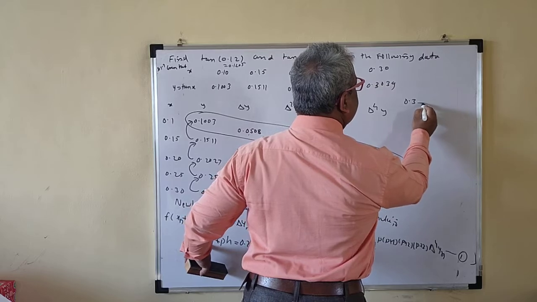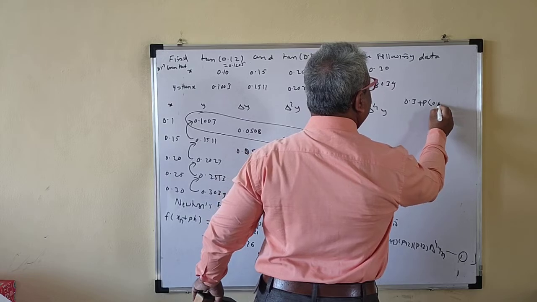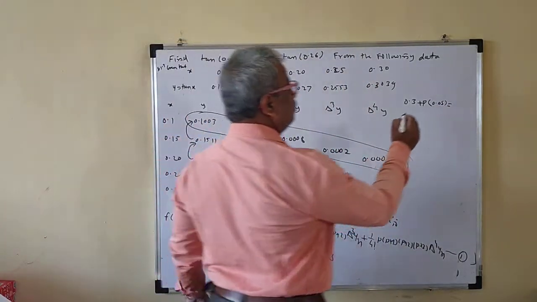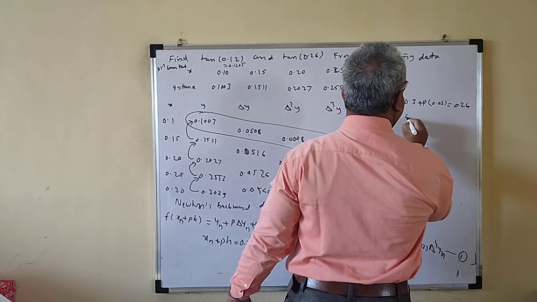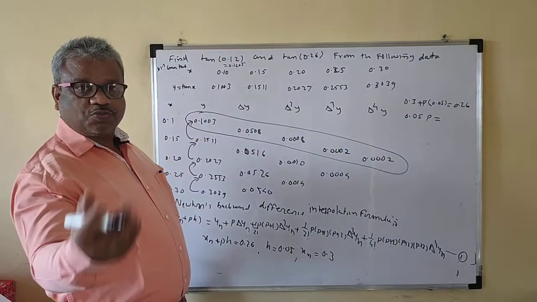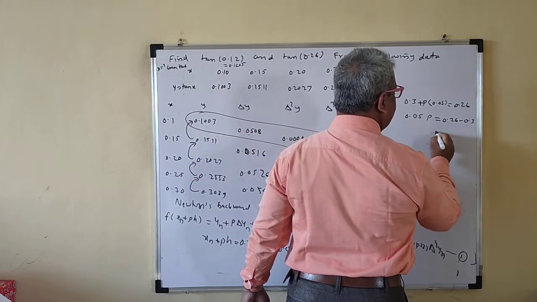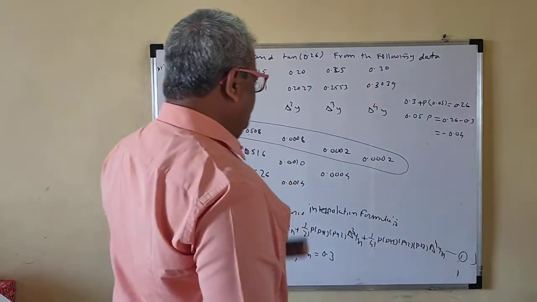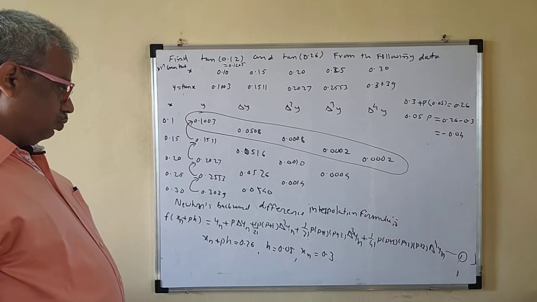Just I write here 0.3 plus p, your h is 0.05 and you want 0.26. Now 0.05p is equal to 0.26 minus 0.3, which is minus 0.04.